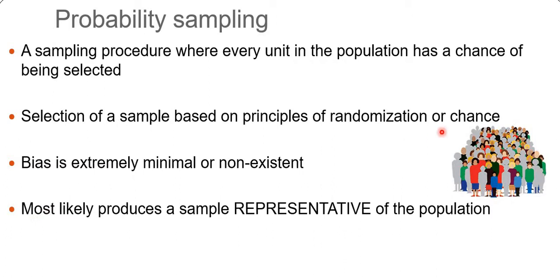Because of the principles of randomization or chance, it is most likely to produce a representative of the population because we randomly chose it from the population. It's as if we're making another population from that population. Hence, it represents our population.